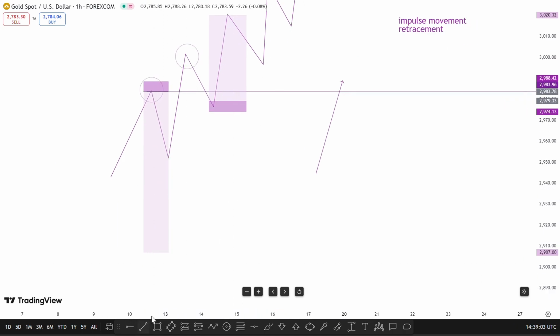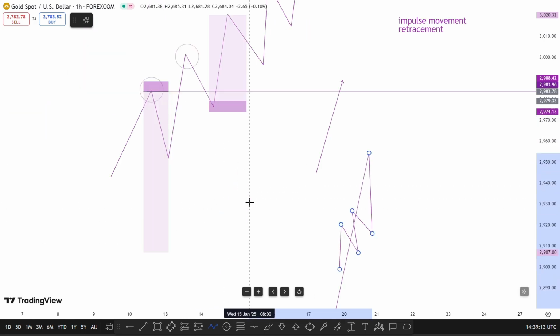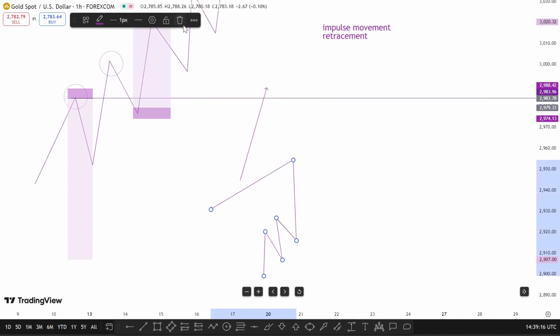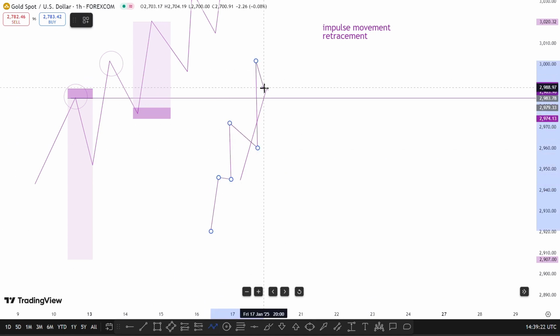So when the market is trending to the upside, we always want to have something like this. All of this movement is known as impulse. So the market is just going like this, impulse movement, and when it starts coming back, it always has a pattern.